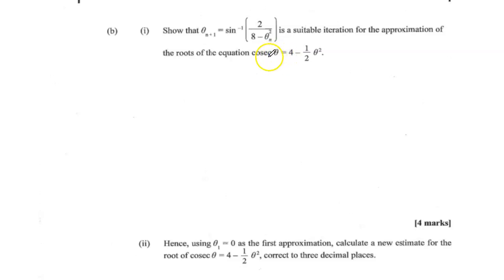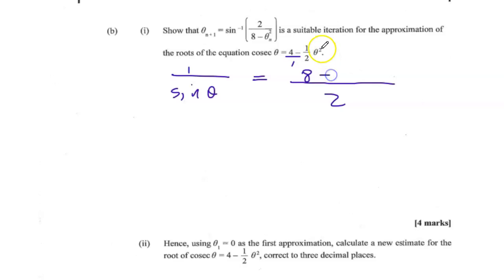Alright, so we know cosec is the reciprocal of sine, so we can rewrite cosec theta as 1 over sine theta equal to, and we can just have a common denominator here of 2, and of course 4 over 1. So to get a common denominator, 4 over 1 is the same thing as 8 over 2, right? Minus theta squared over 2. So common denominator there.